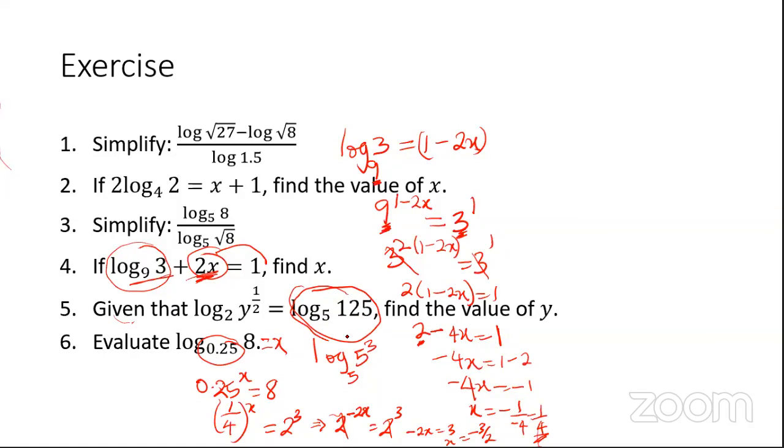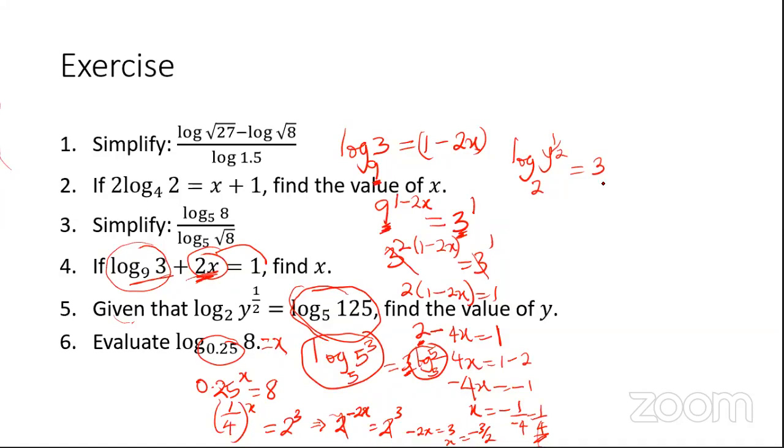When you have something of this nature, it's still the same thing as 3 log 5 base 5. Log 5 base 5 will give us 1. So we are left with 3. So at the end of the day, we have logarithm of y raised to power half, base 2, equals 3.